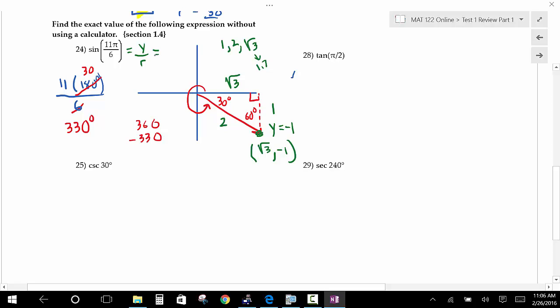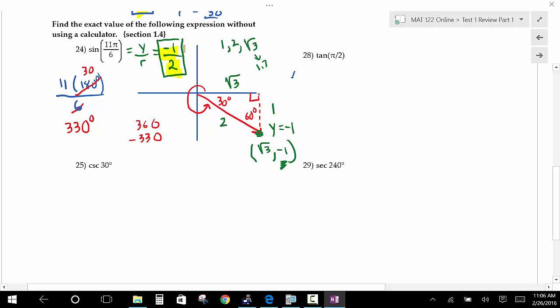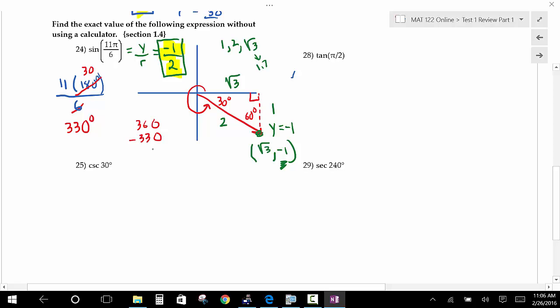So y would be -1, r would be 2, so that means the answer to sine of 11 pi over 6 is going to be -1/2. So you're reasoning that out with your knowledge of special triangles. That's what we're going to be looking at here for a few minutes.